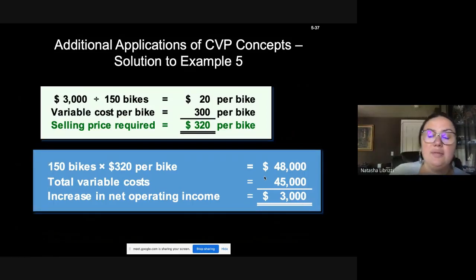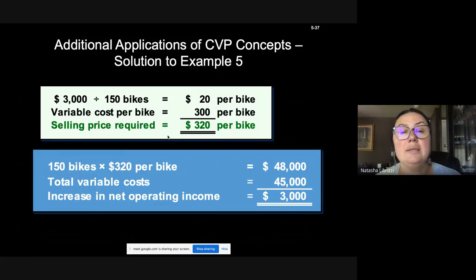So we want to have $3,000 profit and we're going to sell 150 bikes. It means all we want to do is make only $20 per bike, and our variable cost per bike is 300. We're assuming full capacity, so we don't have to worry about anything else.